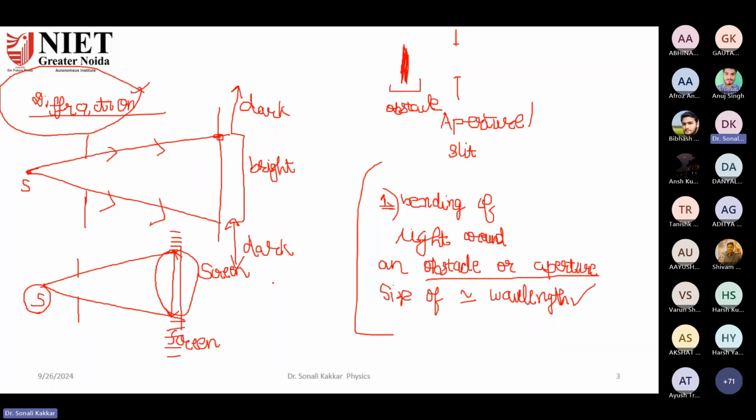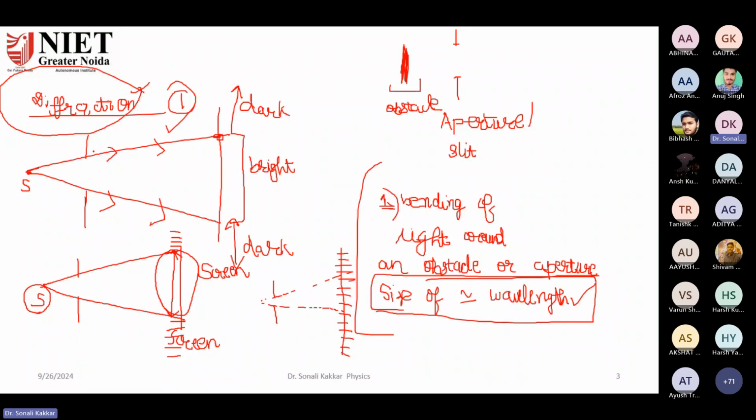If we further reduce the size of the slit such that it becomes comparable to the wavelength of light, what will happen then? Suppose this is the source. In this case, the pattern will be alternate bright and dark fringes. If you look closely, in the above diagram, in the first figure, the slit was larger, the rays were not bending at all. The region where they strike the screen is bright, and where they cannot go is dark.